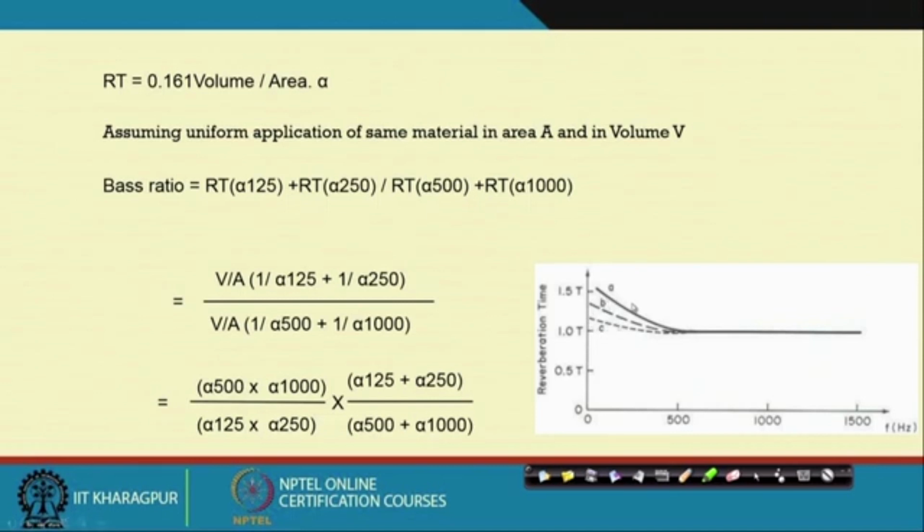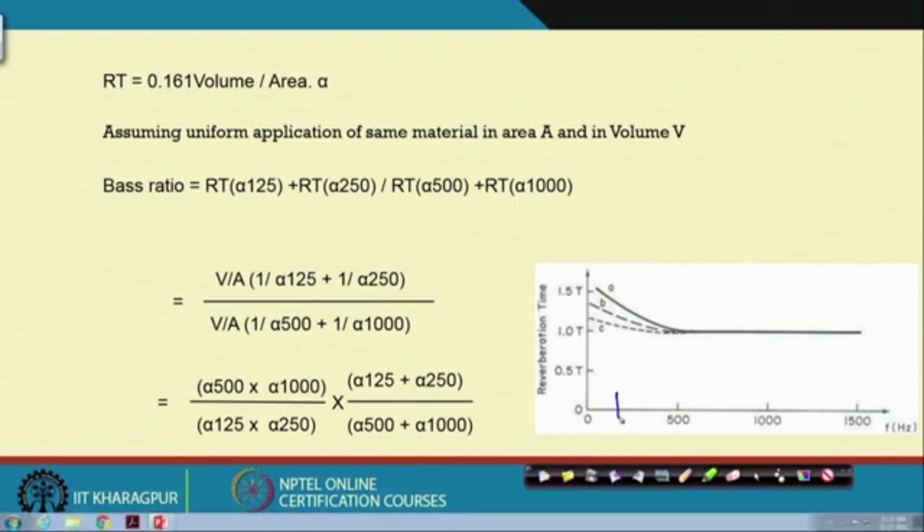So, we are desiring a higher T value, that is 1.5 up to 1.5 T, when the frequency is at 125 or at 250. So, here you see we desire a higher alpha value over here, so that we can actually get higher reverberation time in this particular zone, but it should be within the range.